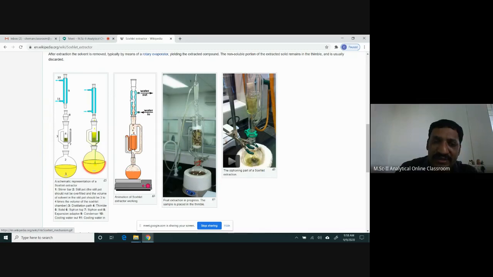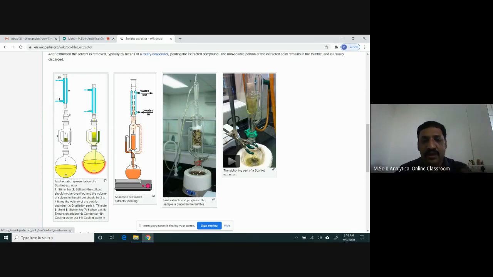That's why cooling is here, and the solvent is dropped on this solid, where you keep your plant material. After the solvent fills on the solid, the plant pigment constituents dissolve into the solvent, and that solvent comes back again to this round bottom flask. Okay.